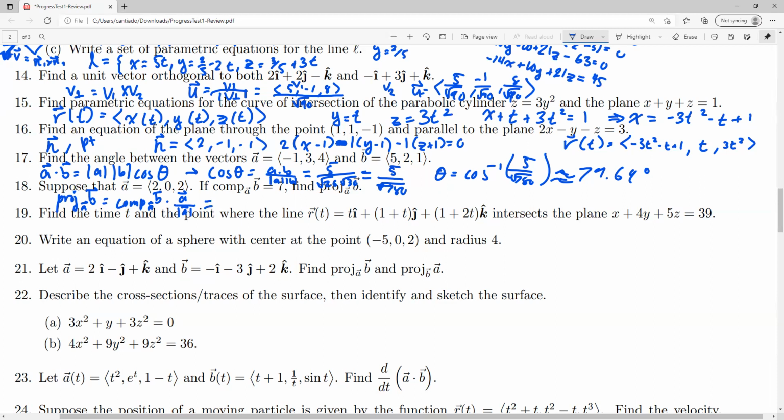And we can quickly calculate the magnitude as well. The component of B onto A is just 7. Vector A is just as it is. And the magnitude of vector A is the square root of 4 plus 4, which is 8, so square root of 8.